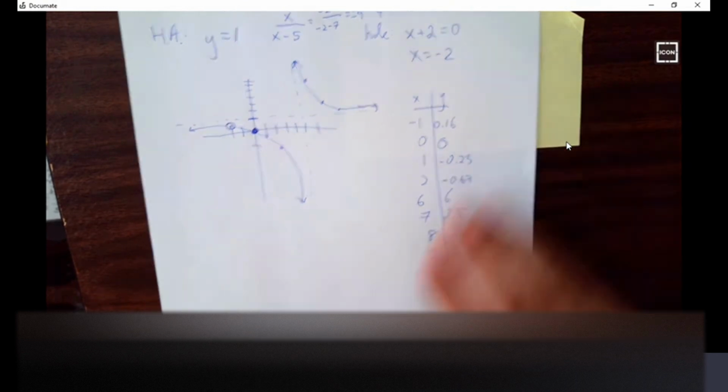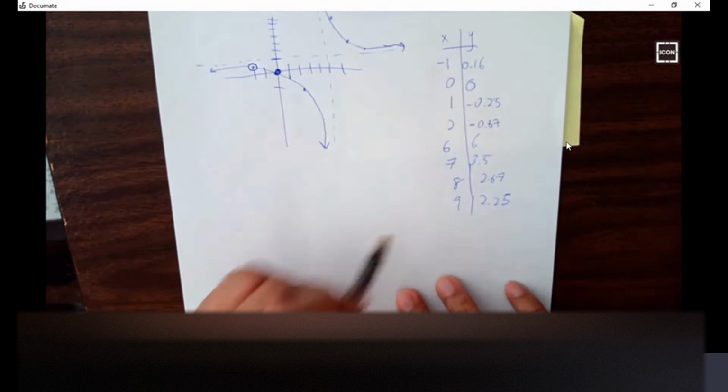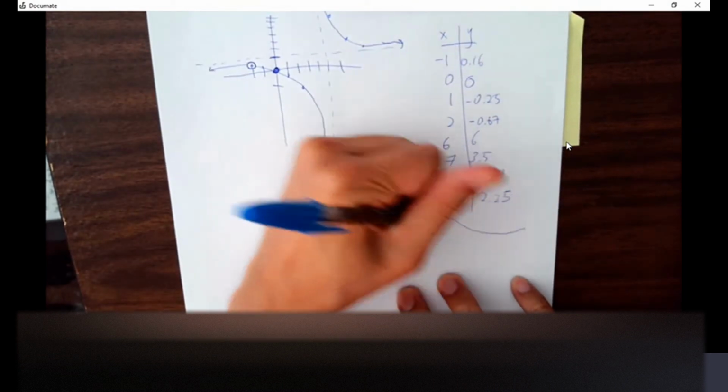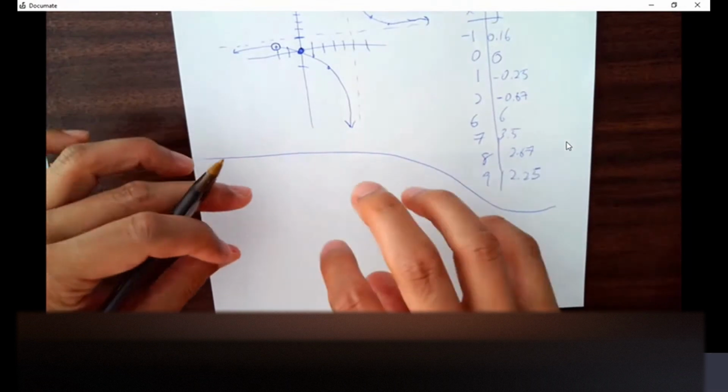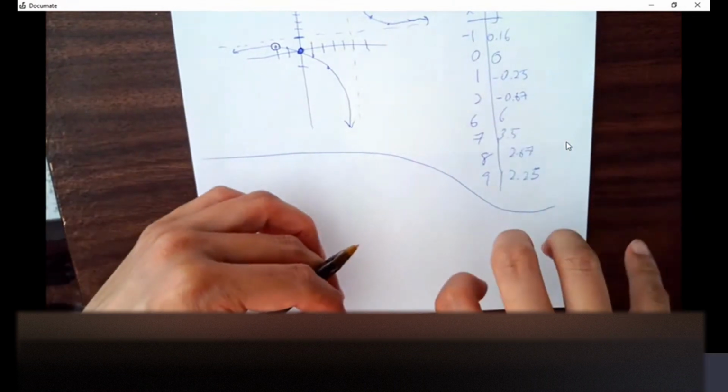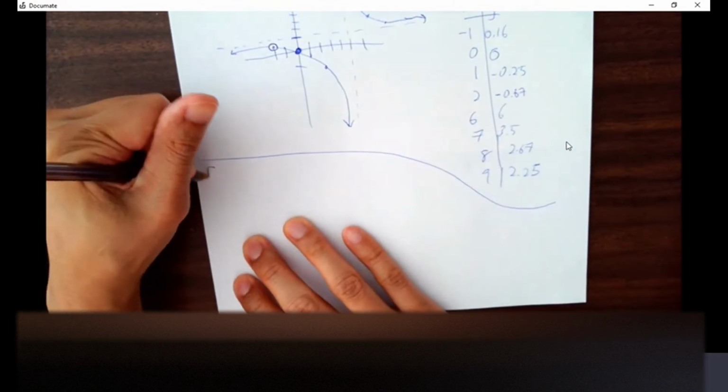Okay, so to kind of help you along with some of these project problems, now we're going to be building a function based off of properties. This is example 3.